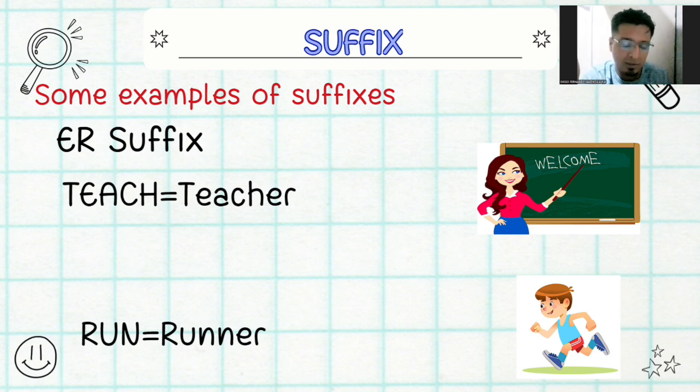Teacher is a noun. Another verb, to run, to which if we add the ending "er" and double the last consonant as the grammatical rule dictates, we have the noun runner. Runner is someone that runs.